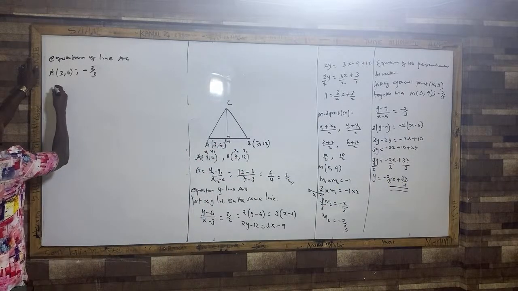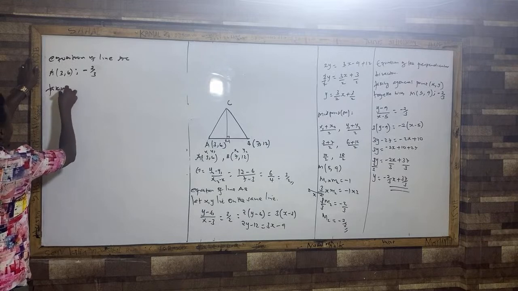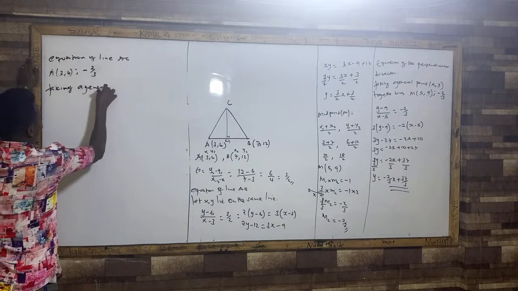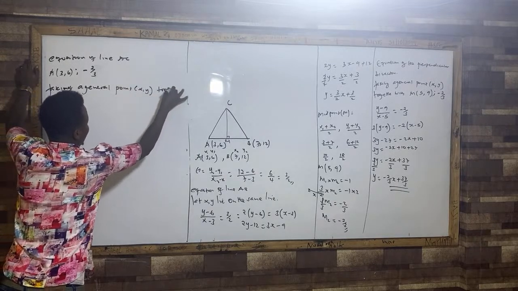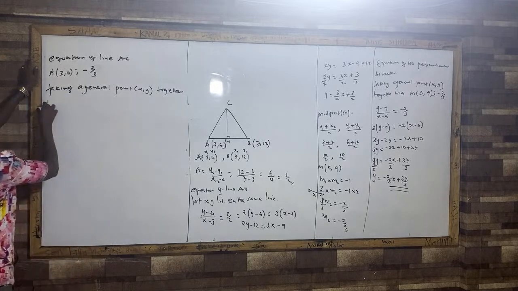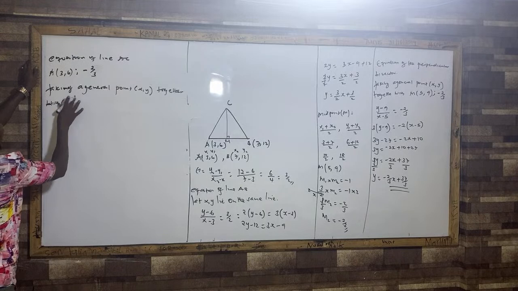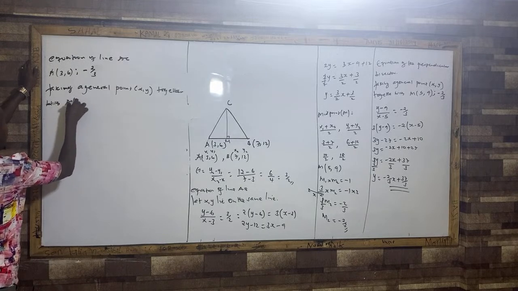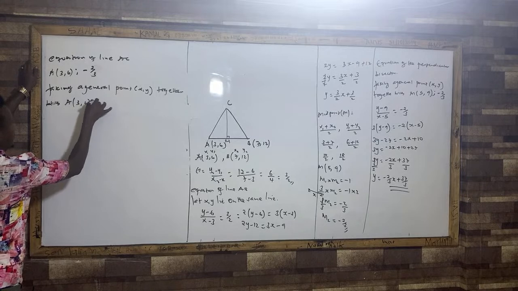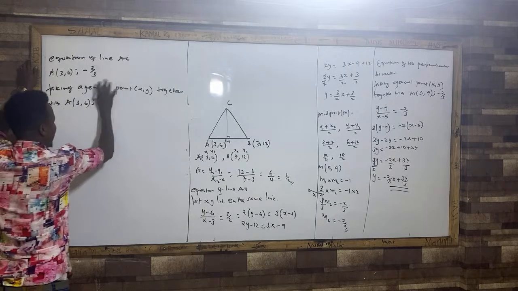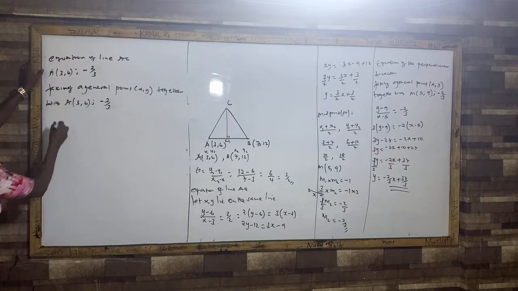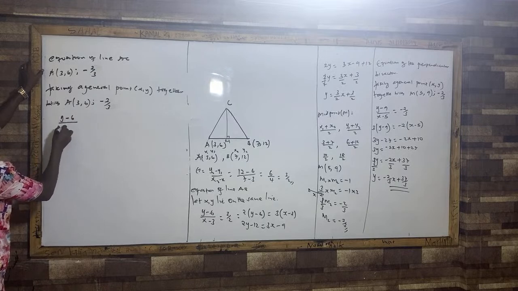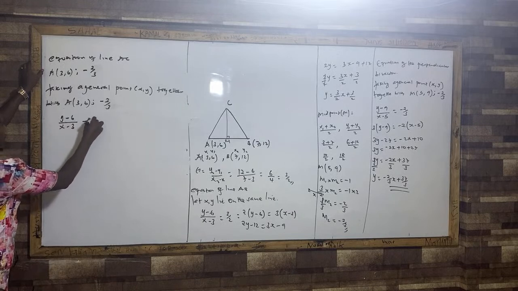So now I'll say, checking a general point, which is always (x, y), together with (3, 6) and gradient negative 2 over 3. So we're going to say (y minus 6) over (x minus 3) is equal to negative 2 over 3.